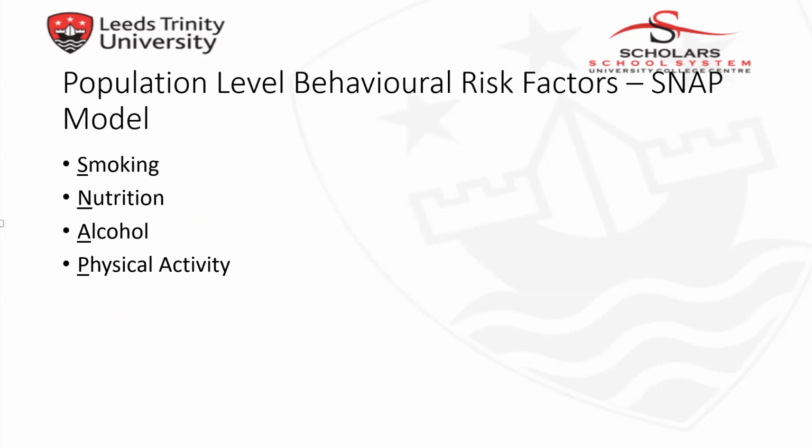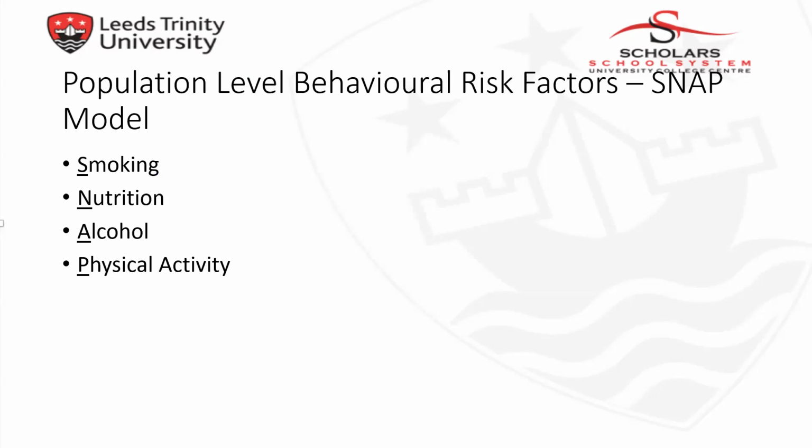Why are these behavior risk factors? Because smoking is our behavior. Nutrition is our behavior. Alcohol is our behavior. Physical activity is our behavior. So these four are considered population level behavior risk factors, because smoking is a risk factor, as it's not good for our health.